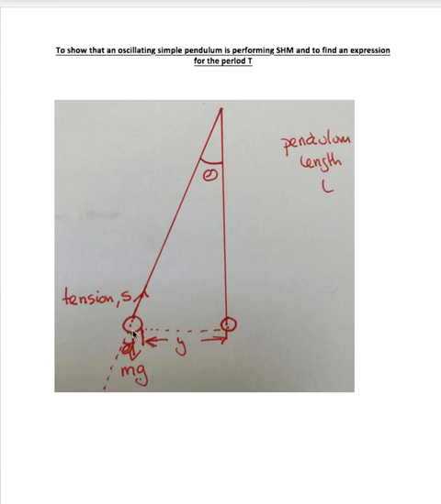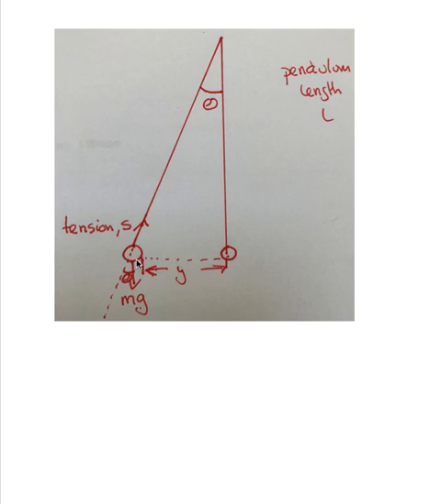And here we have the bob displaced at some point in its oscillation to an angle theta with the vertical. So I've also got the length y of the arc made here, which is going to be important a little later on in what we're doing.